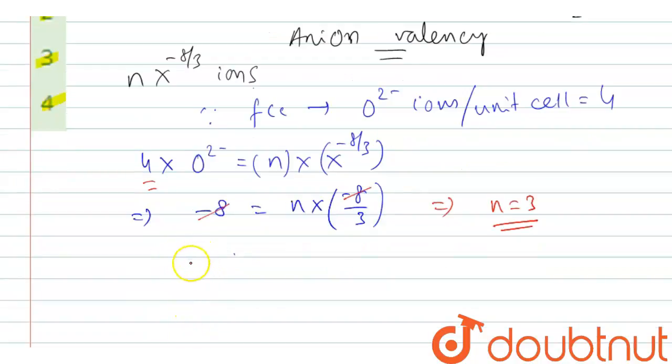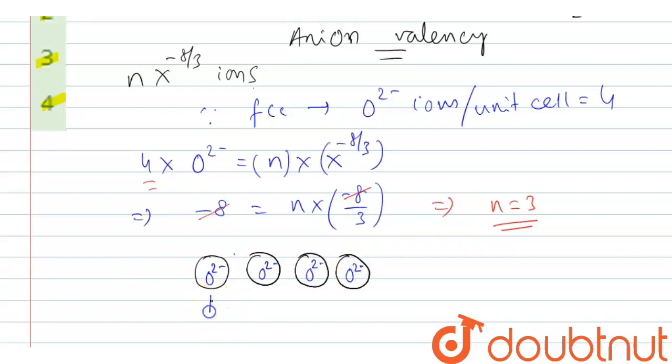So let us see this diagrammatically. We have 4 oxide ions: 2 minus, 2 minus, 2 minus, 2 minus.